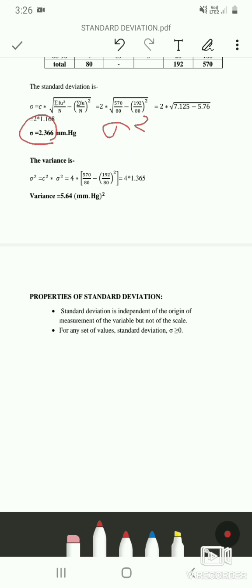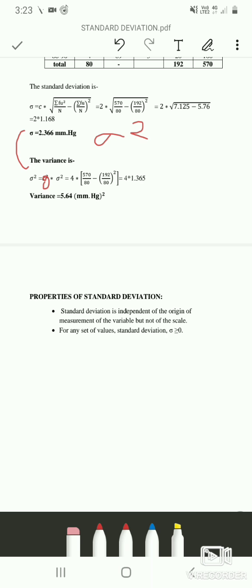So when you square this value, that is 2.366 into 2.366, you'll directly get the variance value. But you can use this formula whenever they have just asked you to find out directly the variance. So you have to use this formula in that case.